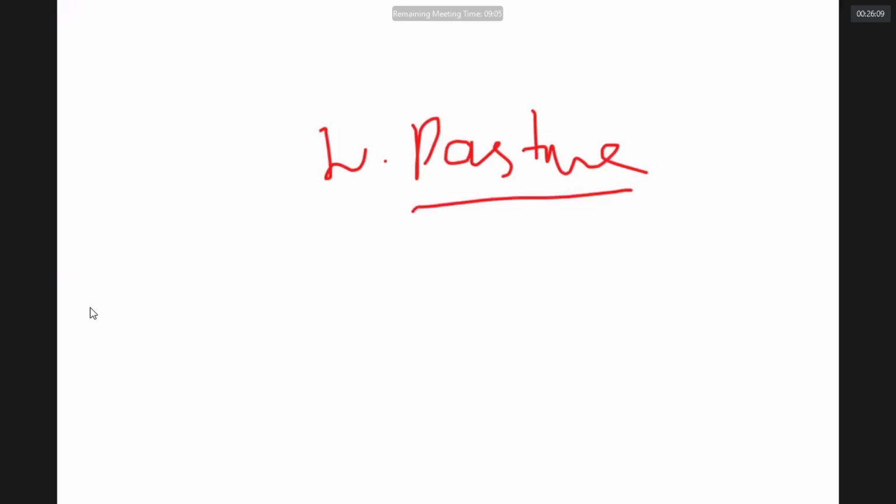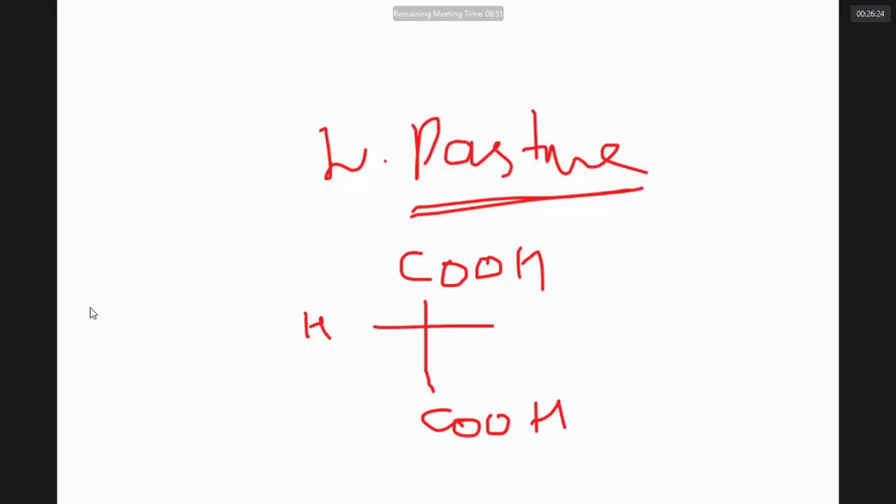A great man who discovered pasteurization, he identified a compound called tartaric acid. So this is tartaric acid. It has a total of 4 carbons: 1, 2, 3, 4. Can you name this compound?